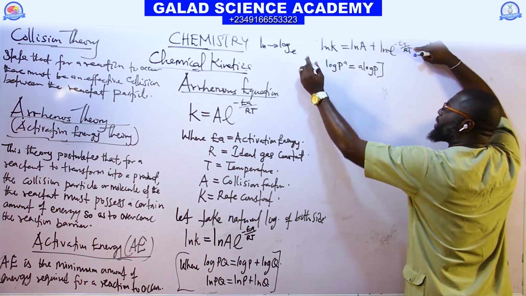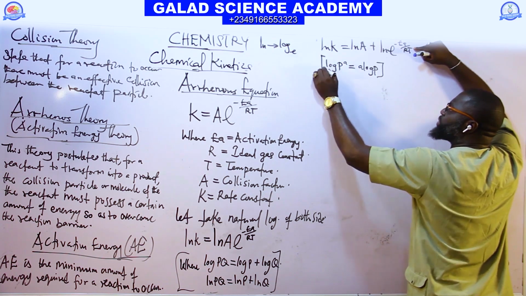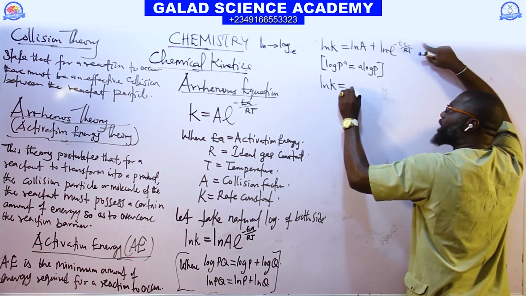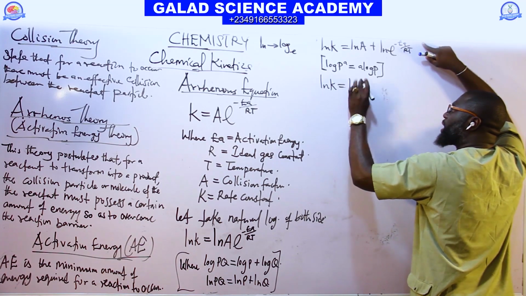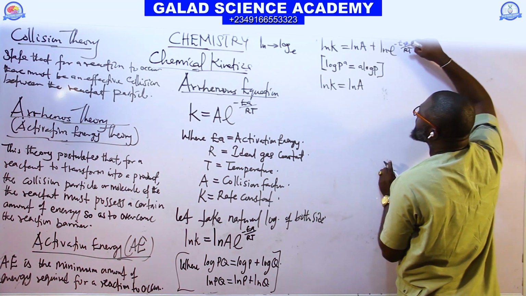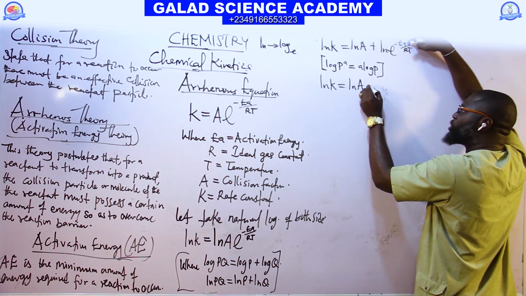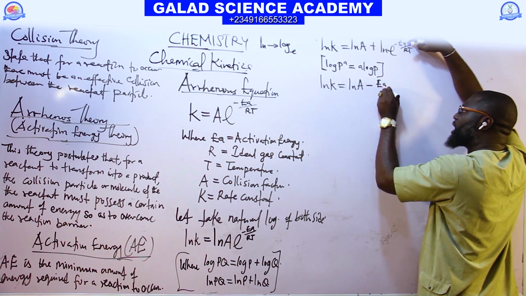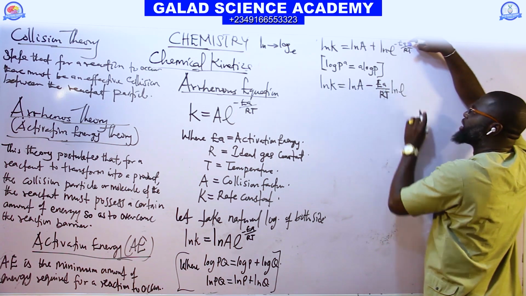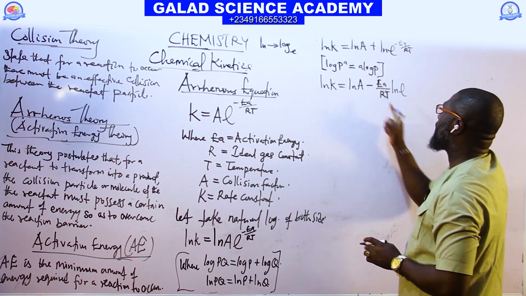I borrowed this statement from logarithm, where ln K, ln A, this will come here. You know that we have minus, it will be minus Ea over RT ln e. This will come like this, and they change the plus to minus.